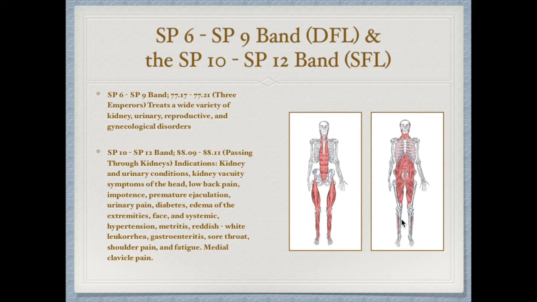So in the Master Dung system, they call these point groups the 3 emperors, and it consists of 3 points between here, spleen 9 being one of them, spleen 7, and essentially you can take any 3 points from spleen 6 and spleen 9 and needle them as a Daoma, as a group on one leg, and get incredible results for urinary conditions, kidney conditions, reproductive disorders, and gynecological conditions as well, because these points are going to be affecting the pelvis.